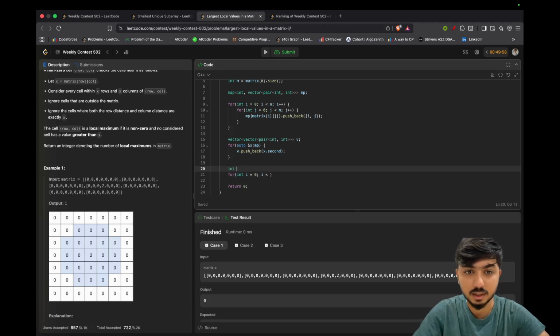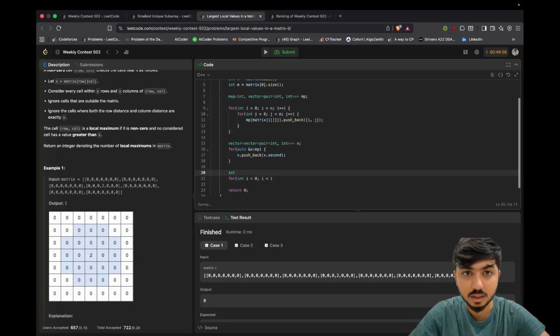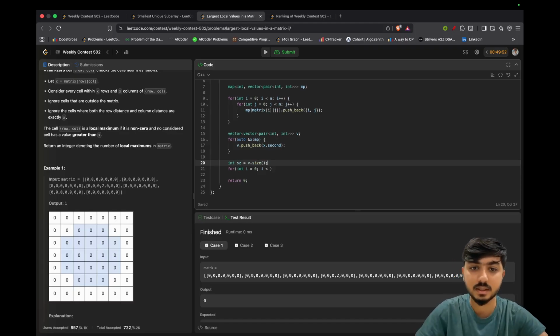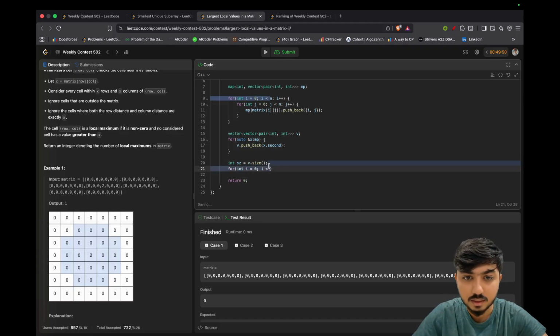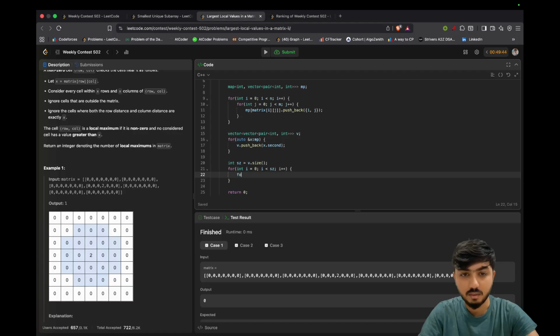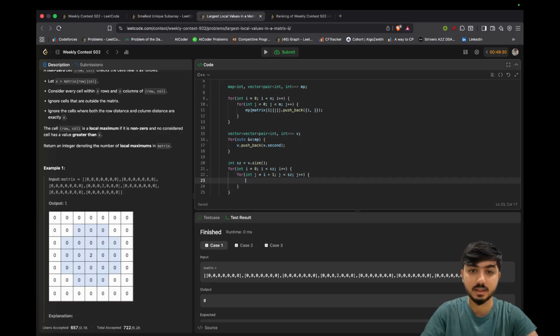Let's say size is equal to v dot size, and we have to look at all its greater elements, that is j equal to i plus 1, j less than size, j plus plus.